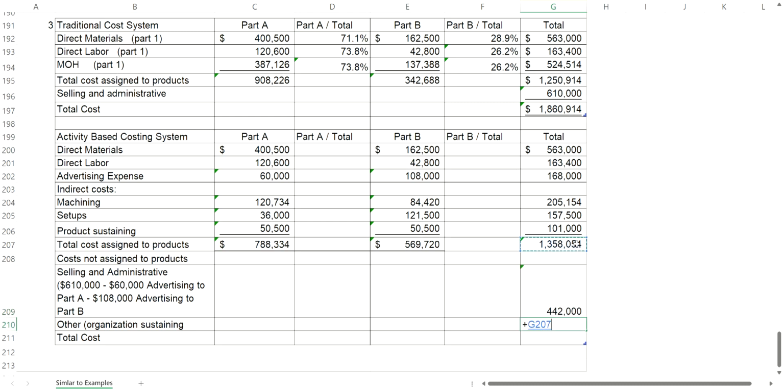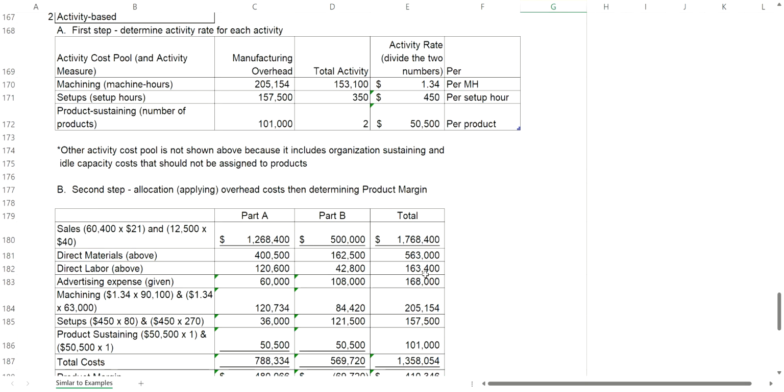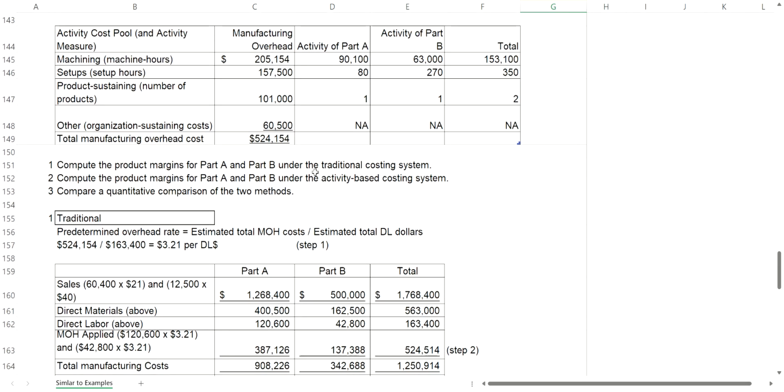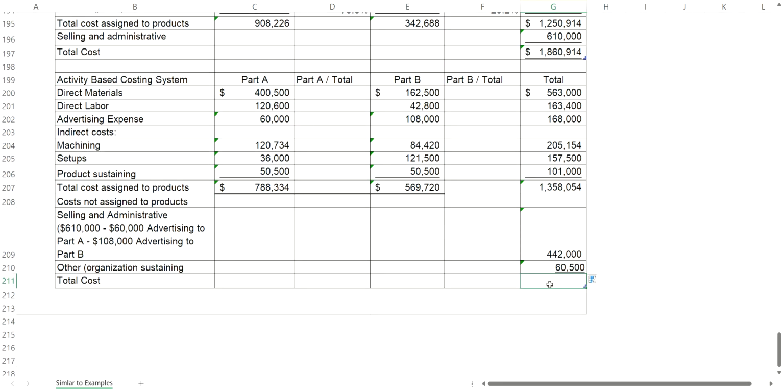Okay, I will add that on to the other cost for a total of, oh, before I get to that, sorry, I've got one more, the organization sustaining. I almost forgot that. That does need to be included here for the entire amount. If we go back to the original information, remember that 60,500. Now I can add the total cost assigned to product plus the selling and administrative plus the organization sustaining, and I come out with $1,860,554.